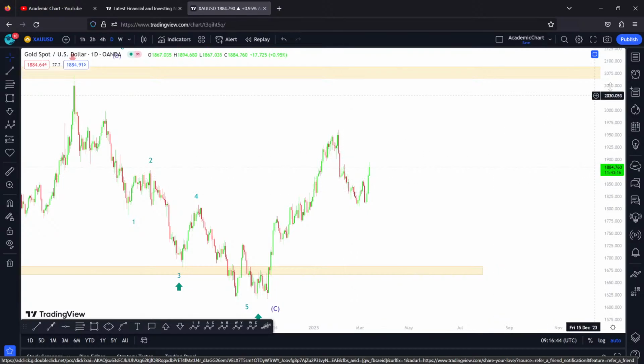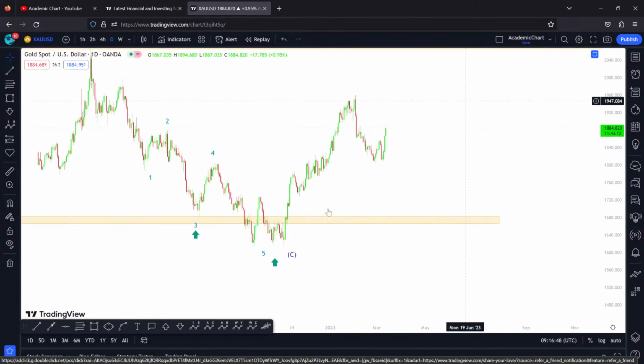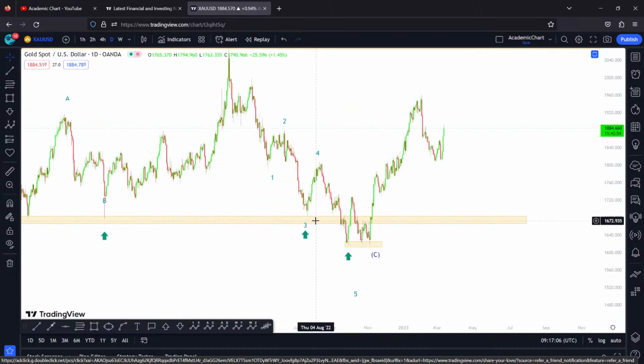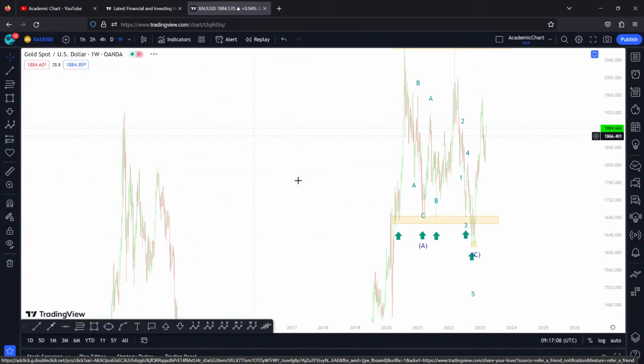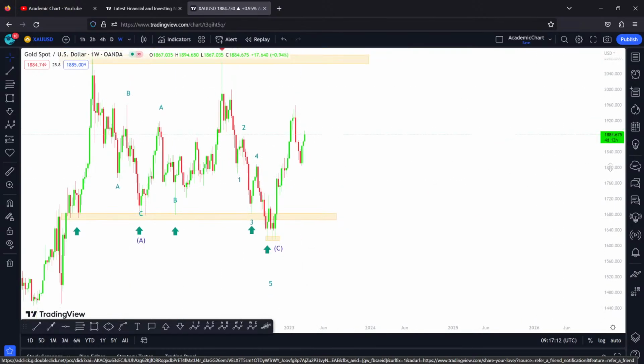Here we can see, if I shrink the chart and take a closer look at this final wave, we had some sort of a triple bottom here. If you're wondering why this passed this zone and came back, it can be counted. If I go back to the weekly chart for another moment, this is going to be an expanded flat.